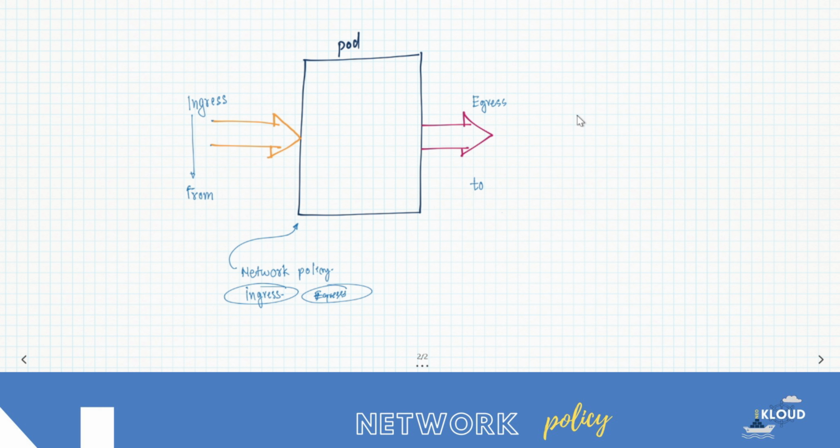The rule contains a pod selector, namespace selector, pod selector, then IP block. You can make a combination of and or.